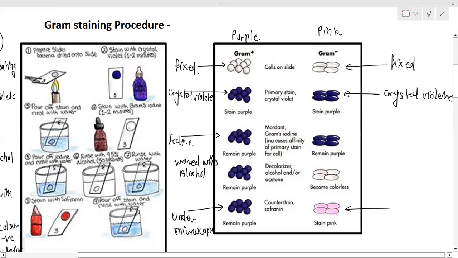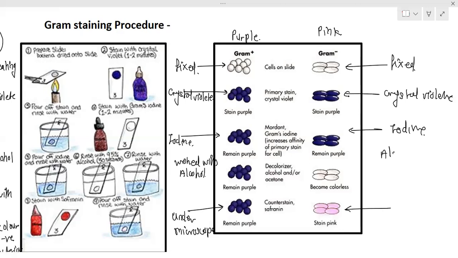Then I added iodine, and the purple color is fixed. But when I washed with alcohol, the purple color washed off.